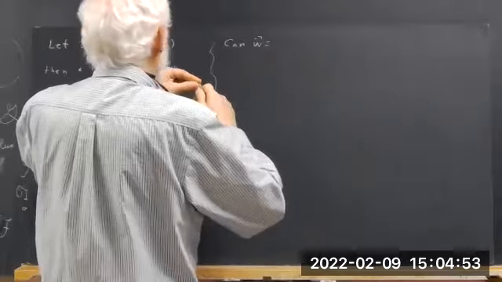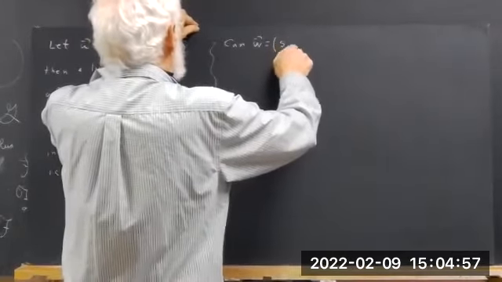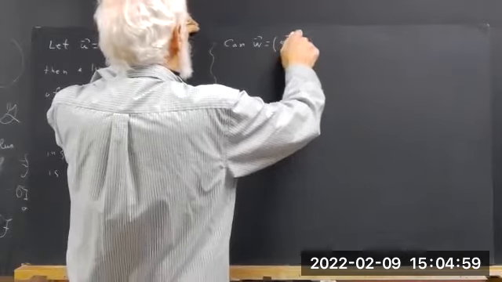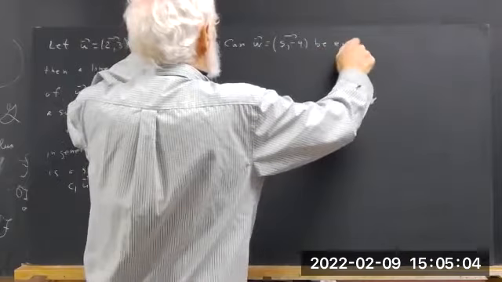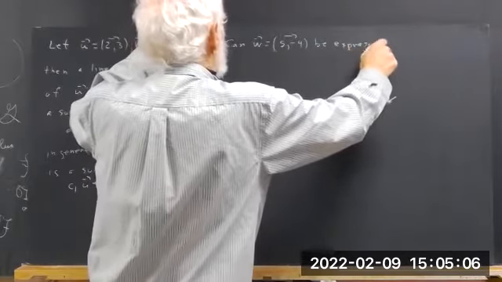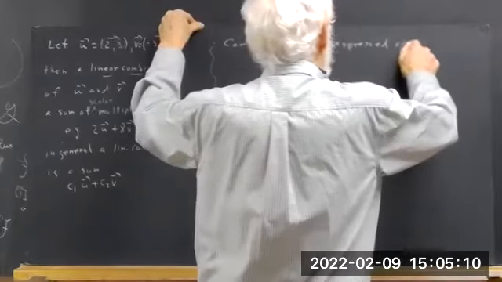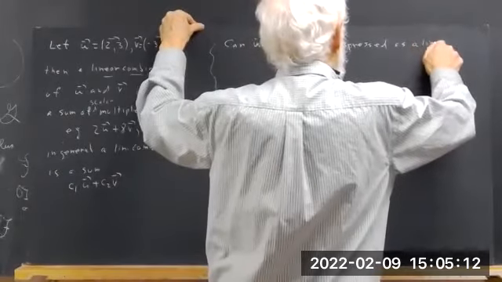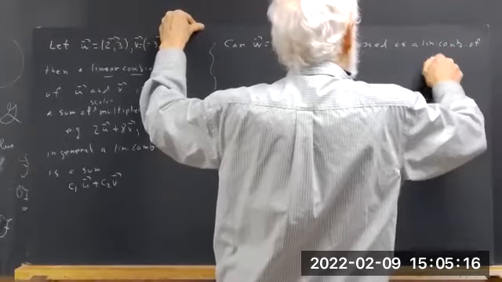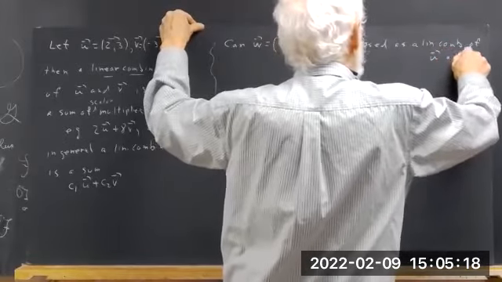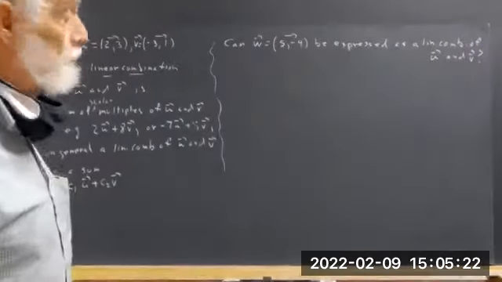Can w equal (5, -4) be expressed as a linear combination of u and v?